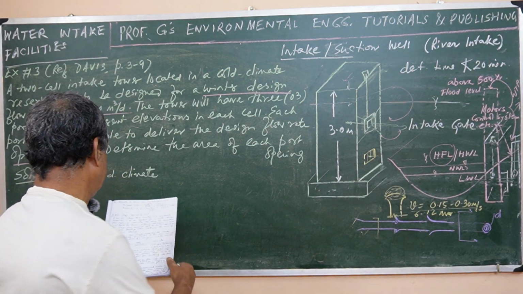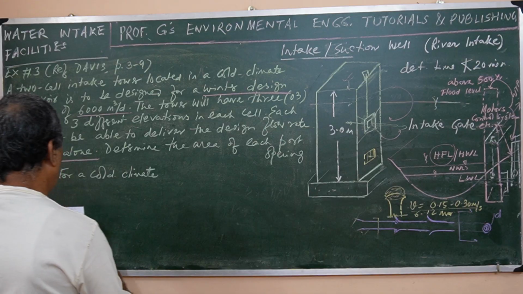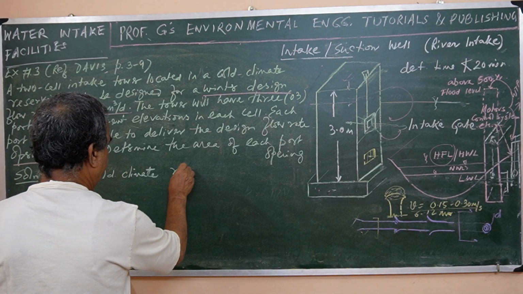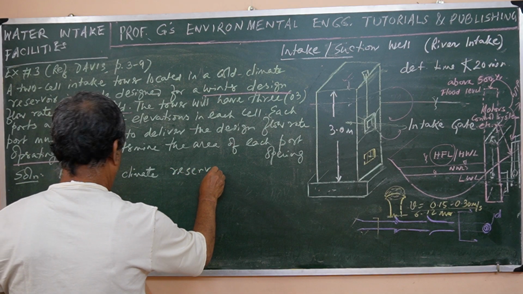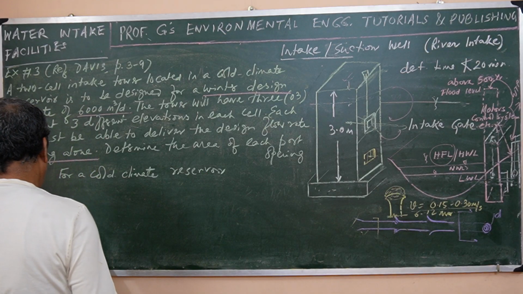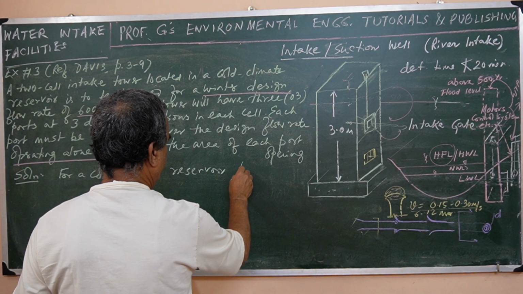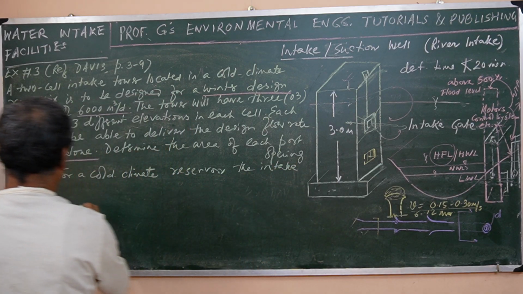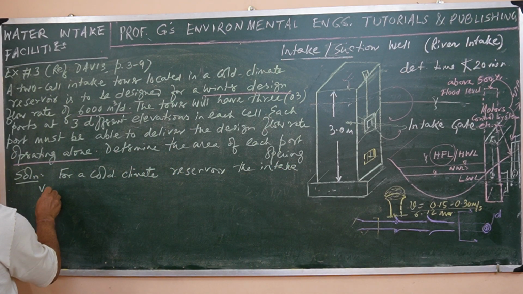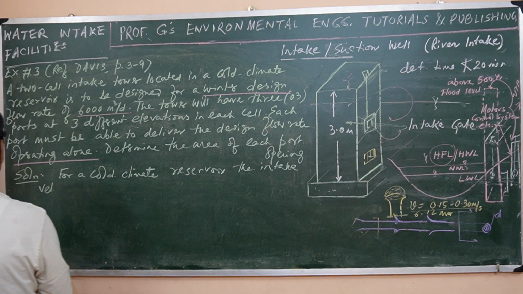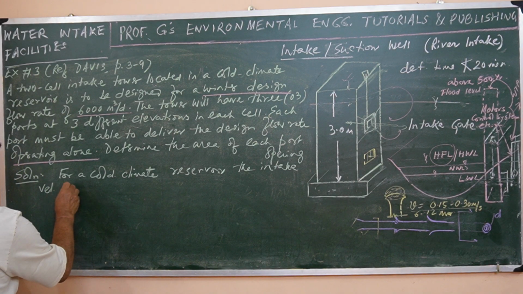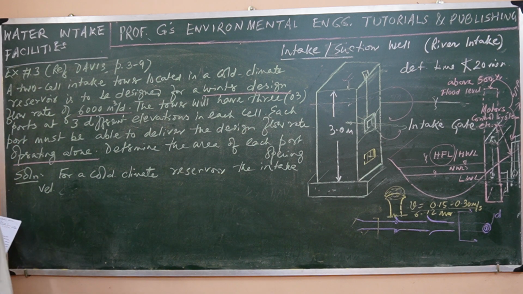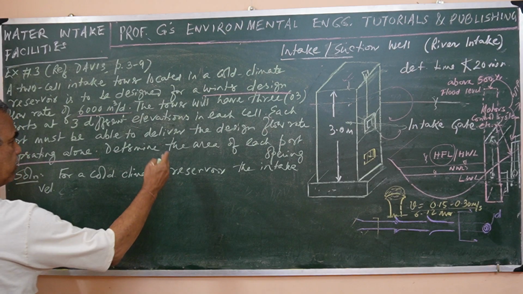Let us discuss that. For a cold climate reservoir, the intake velocity should be limited. I am just talking, I cannot write on the boards because of space and time.